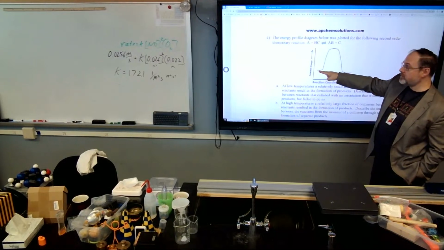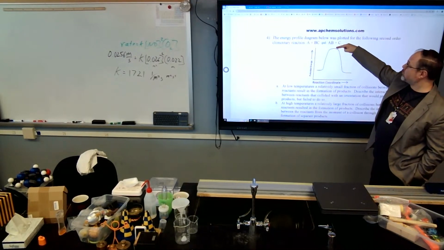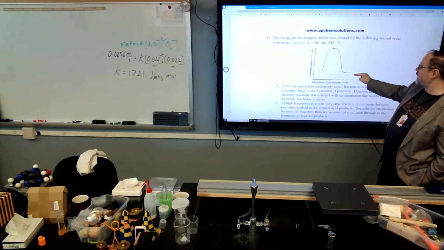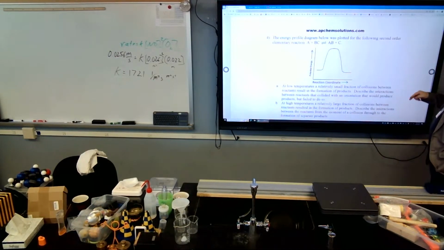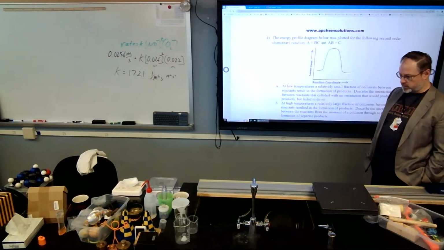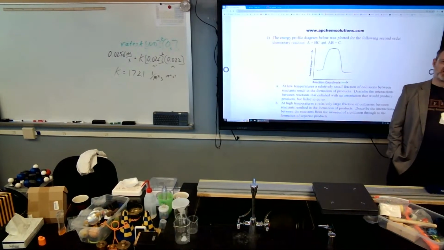The reactants collide favorably, with enough energy and in the proper orientation, to create the activated complex. The activated complex then becomes the products. That's how it works. You have to form the activated complex.